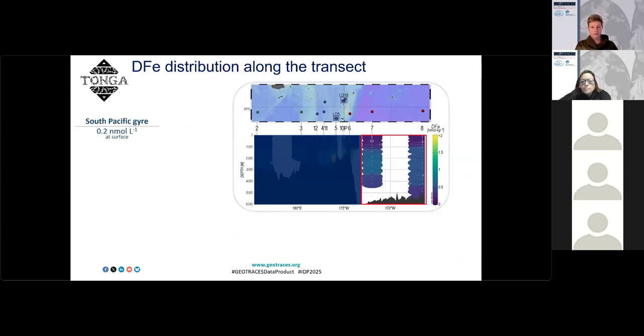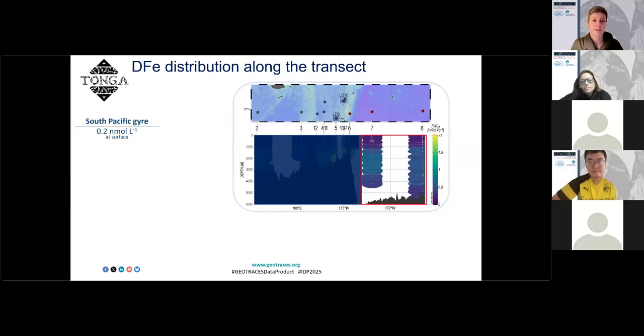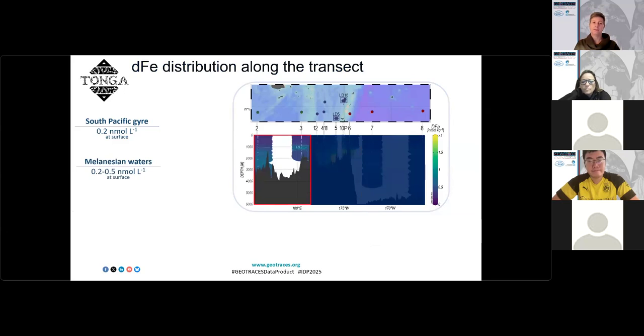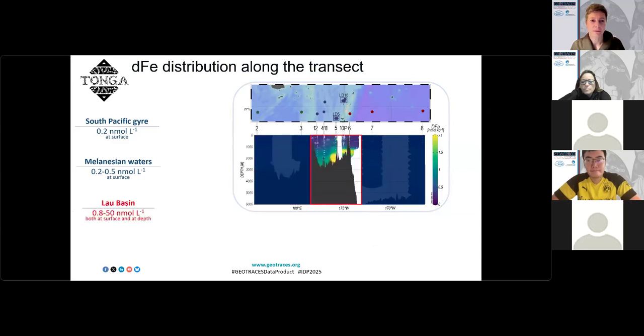So I present first the distribution of iron along the transect. The lowest dissolved iron concentrations were measured in the South Pacific Gyre, with concentrations around 0.2 nanomoles in surface. To the west, in the Melanesian waters, iron concentrations are still low, but higher than in the Gyre, ranging from 0.2 to 0.5 nanomoles in surface.